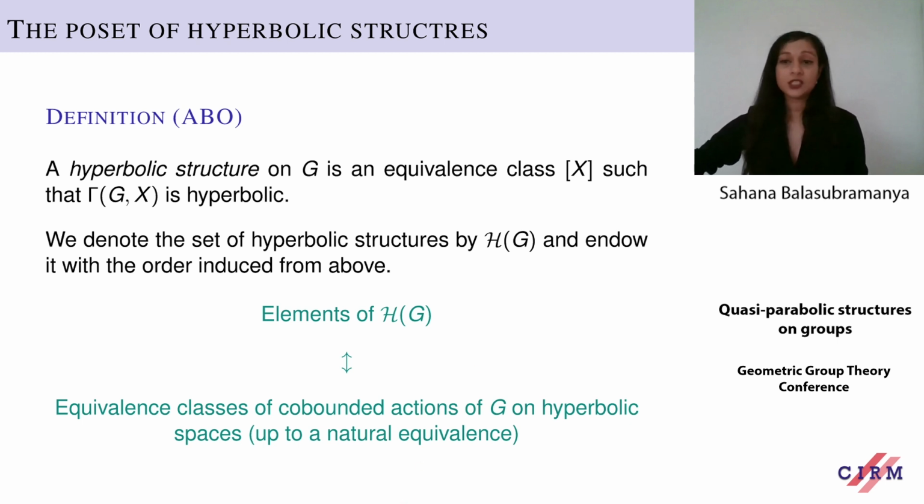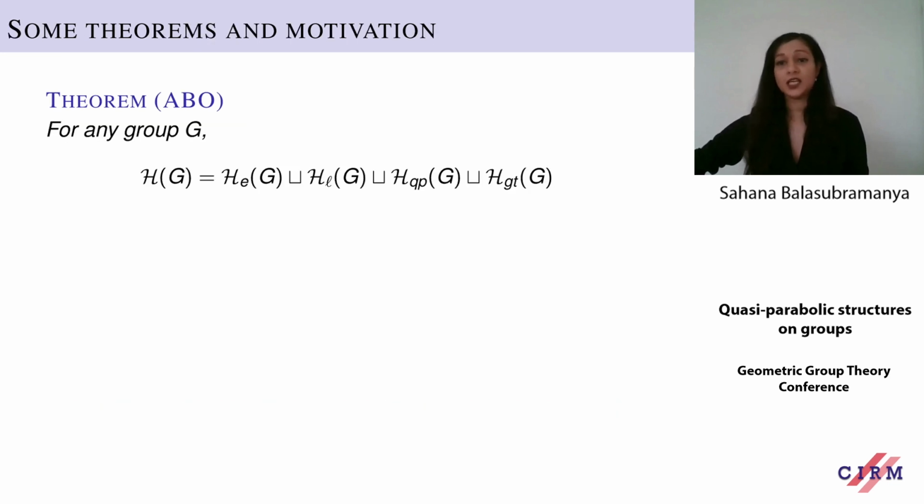So what are some of the things that we can say about this poset H of G? Well, one of the things that we can say almost immediately is that it breaks down into the disjoint union of these four smaller partially ordered sets. And this follows almost immediately from the work of Gromov.